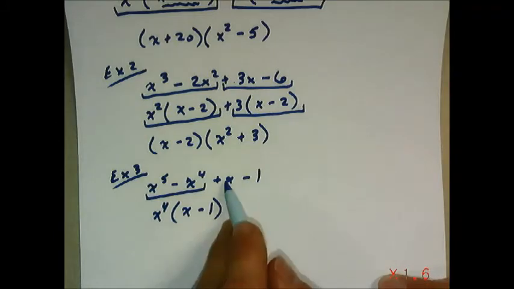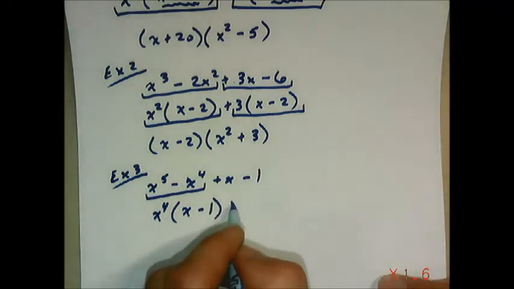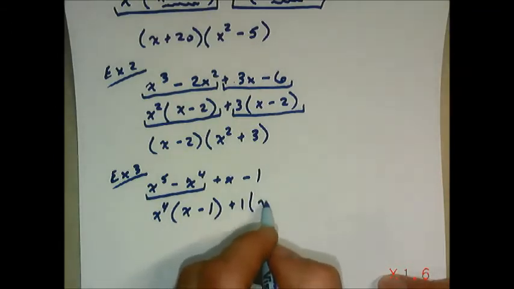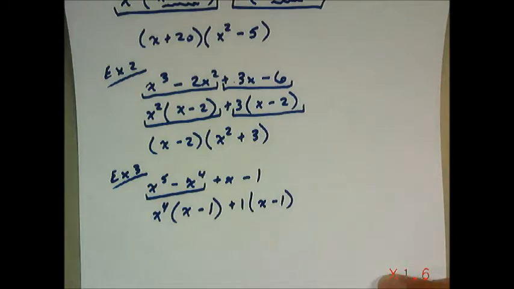But in the last 2 terms, I don't have a GCF, so essentially what we can do is pull out a 1. So we're left with x minus 1. Here we have x to the fourth plus 1 as the 2 outside terms, and our GCF was x minus 1. Unfortunately, x to the fourth plus 1 doesn't factor, so we say it's done.